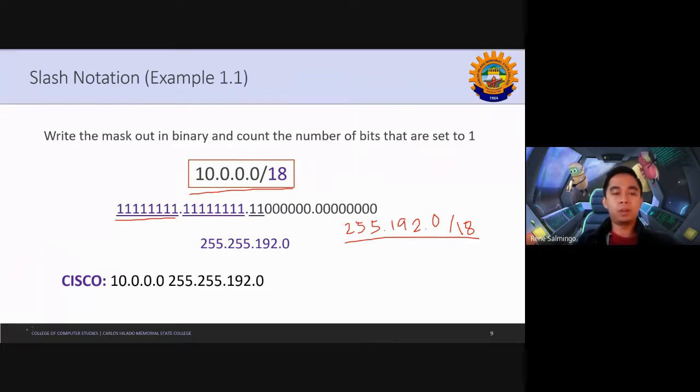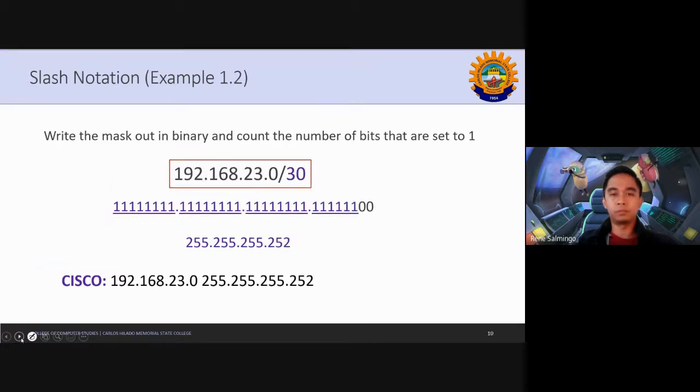Now we are going to move forward. We are going to write the mask out in binary and count the number of bits that are set to 1. Now this would be a class C example, because we start with 192.168.23.0.